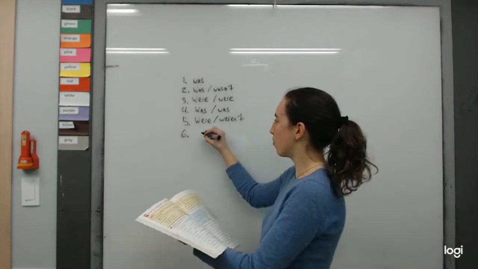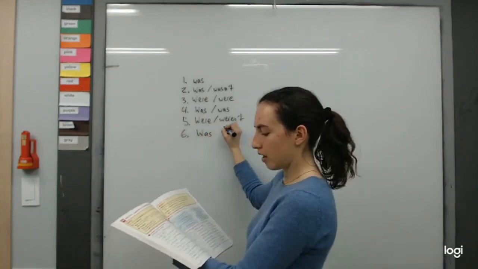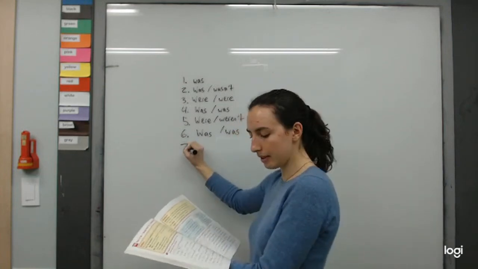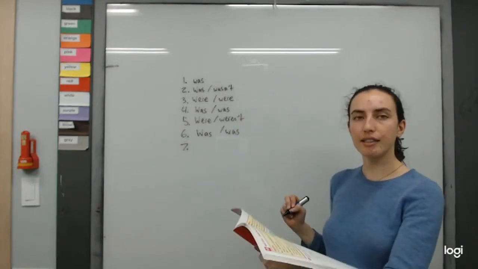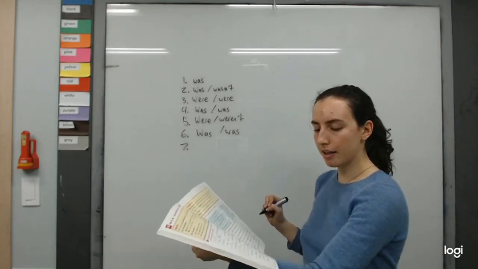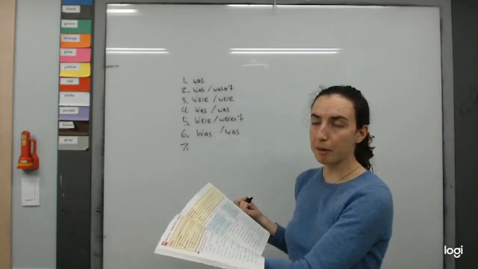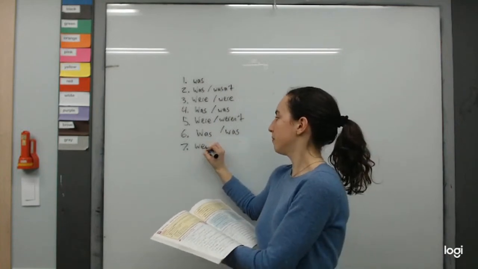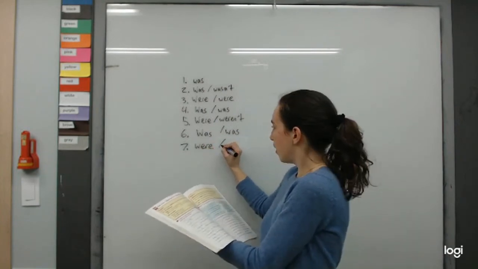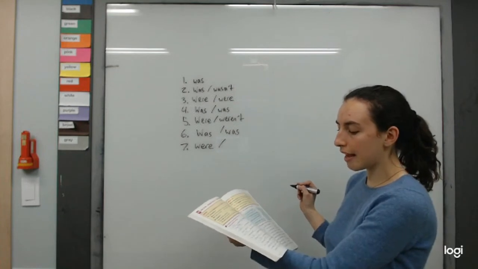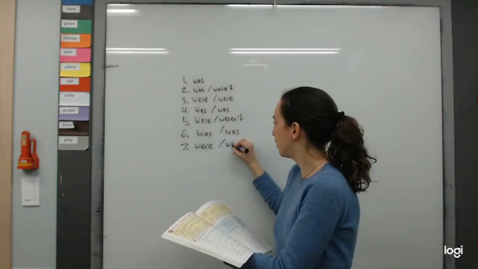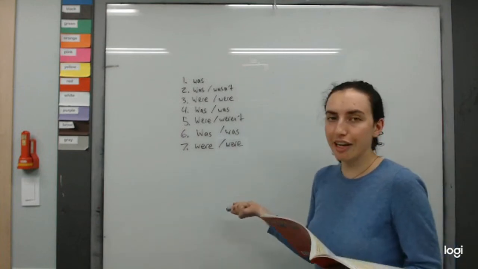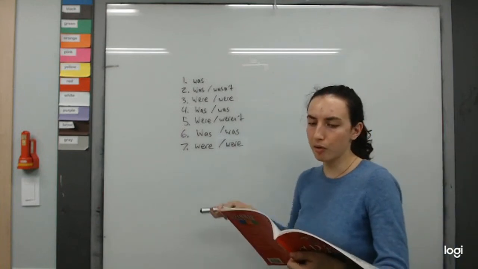Yes, it was. Good. I like good weather. Okay, number 7. Where were they on Saturday? They is many people, but we also just remember they, we always use were. They were at the park. Okay, good. So, finish checking your answers, and then I will erase, and we will go to the next page.